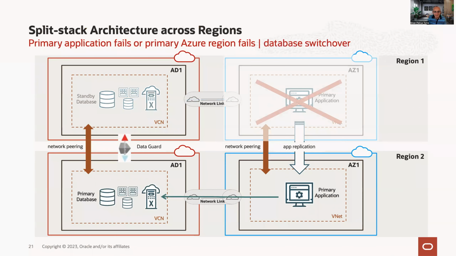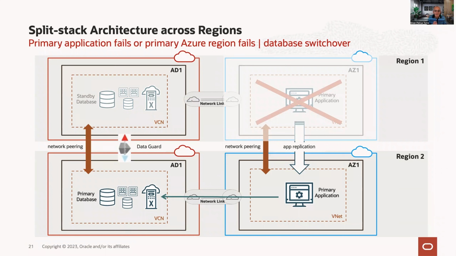Now, next slide, please. What happens if your Azure region or your primary application goes down or is taken offline due to maintenance operations? In this case, you will switch over the Oracle database to the standby database and make that standby database in the second region the primary database.